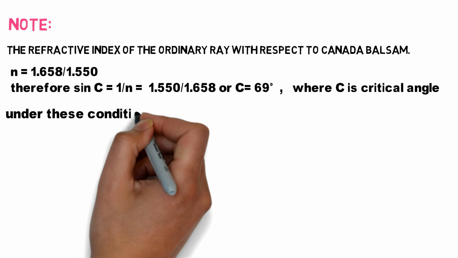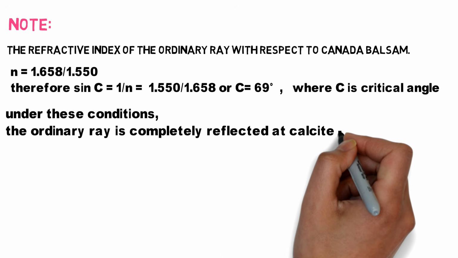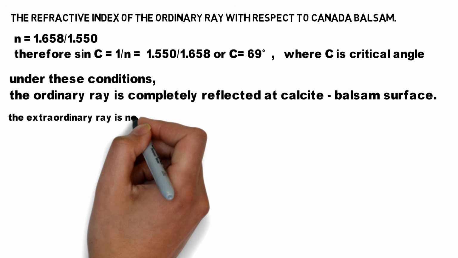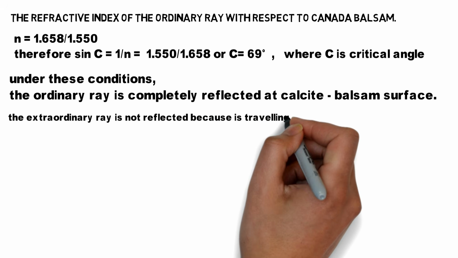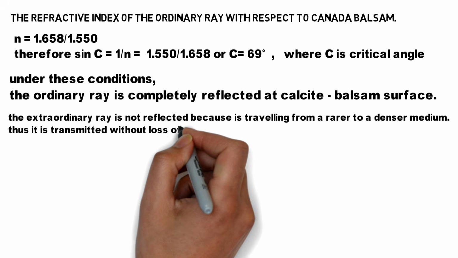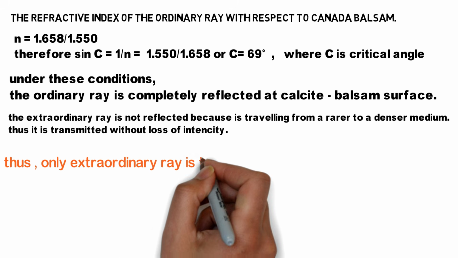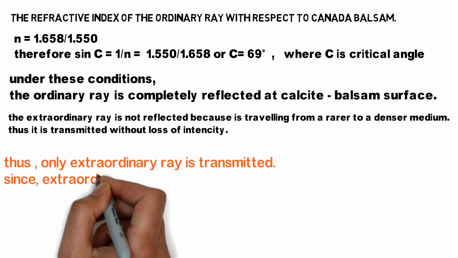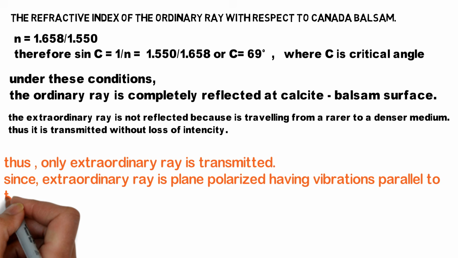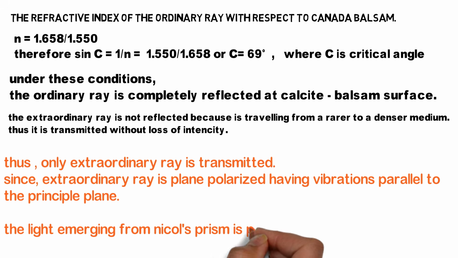Under these conditions, the ordinary ray is completely reflected at the calcite balsam surface. The extraordinary ray is not reflected because it is traveling from rarer medium to denser medium. Thus, it is transmitted without loss of intensity. Thus, only the extraordinary ray is transmitted. Since the extraordinary ray is plane polarized, having vibrations parallel to the principal plane, the light emerging from the Nicol's prism is plane polarized.